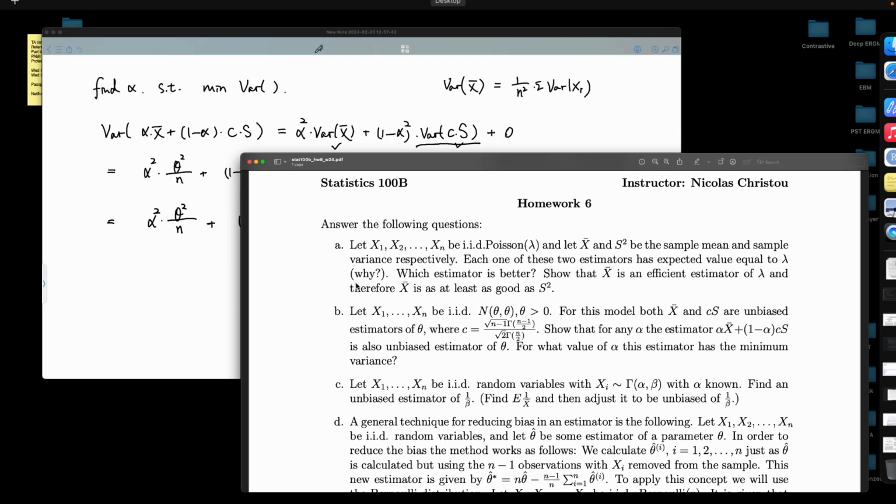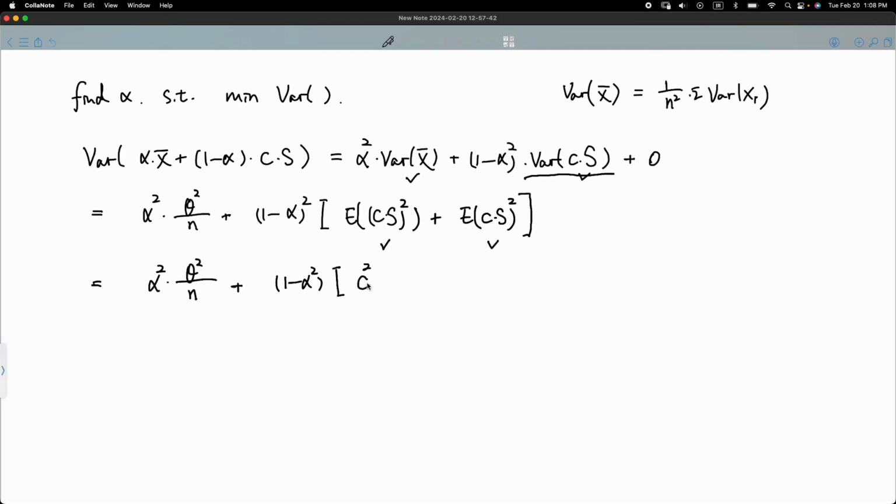That's not involving any randomness, so that you can bring the c square outside, and then you have the expected of s square. And then the first moment, which is similar as our first part, because this is an unbiased estimator, so you can write it. So expected cs is equal to theta, and then taking the power of 2, and then you have that.